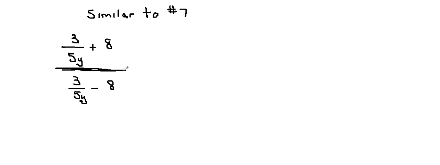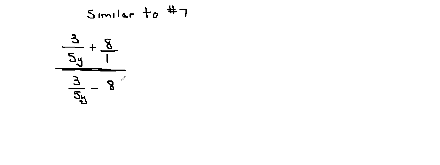Okay? So, once again, here I've got this compound or complex fraction, and I want to do the numerator separate from the denominator. So I'm going to solve this numerator first. Here I've got 3 over 5y, and this is 8, but really this is the same as 8 over 1.